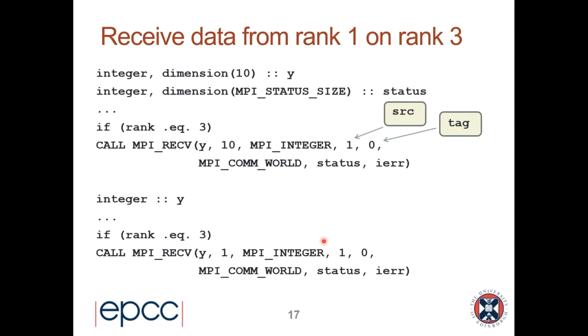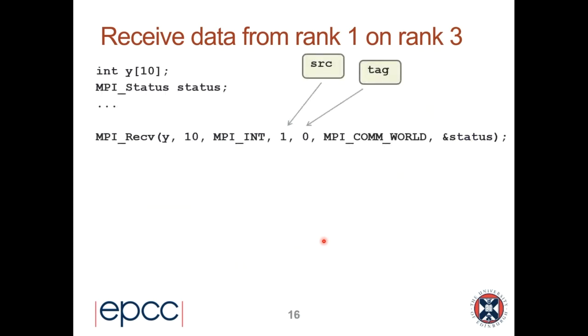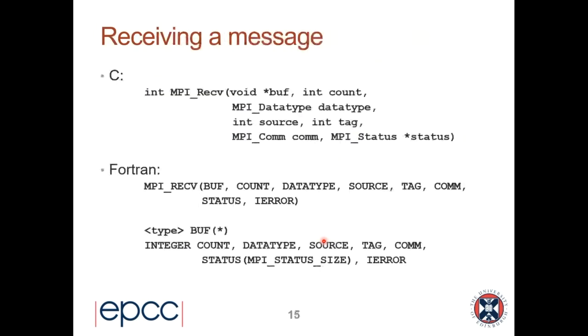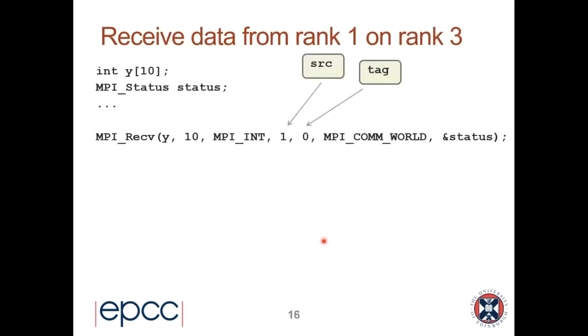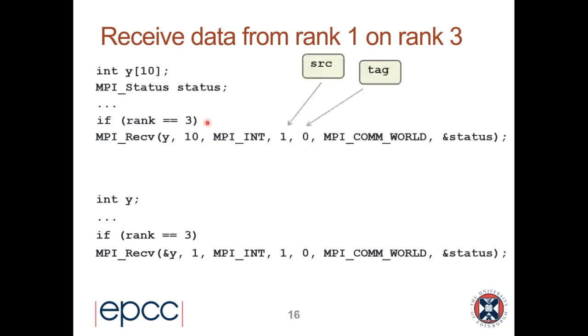So Dylan was asking about the Fortran example. So imagine I wanted to send, yes, the same as in the C example, if I did MPI send of, sorry, I've got the wrong slide up here.